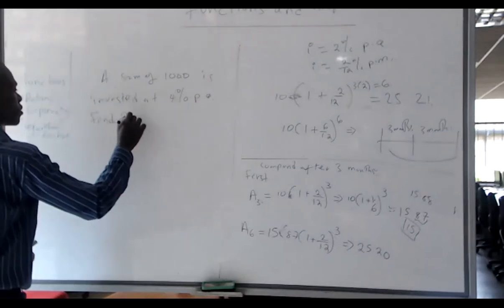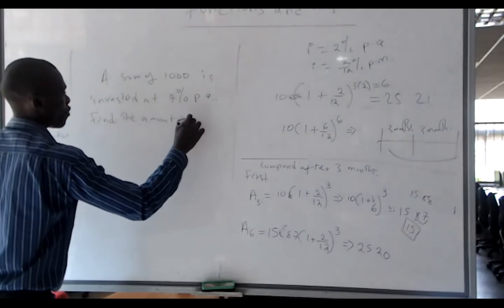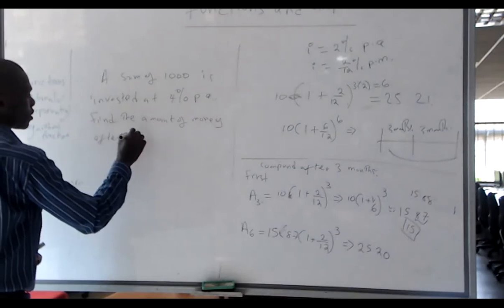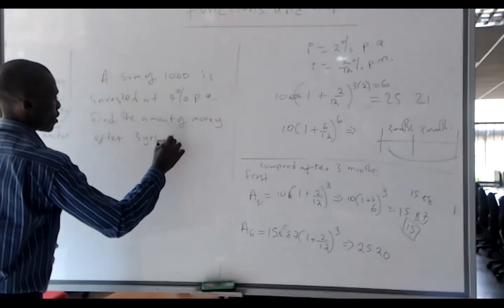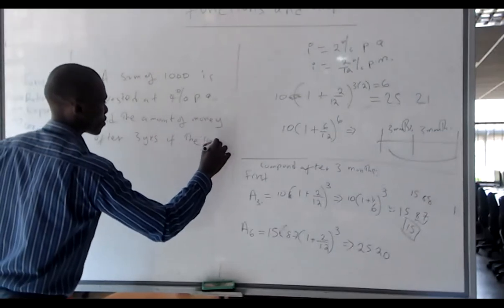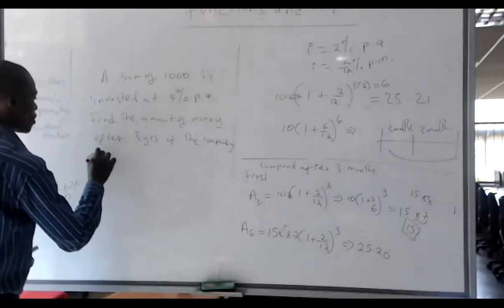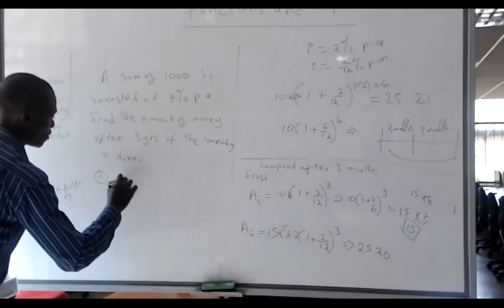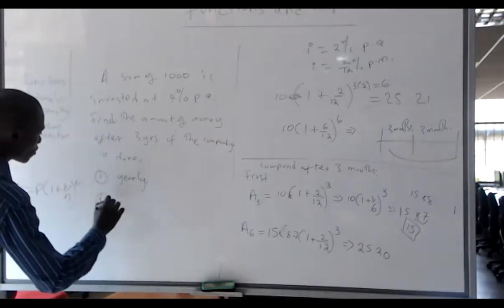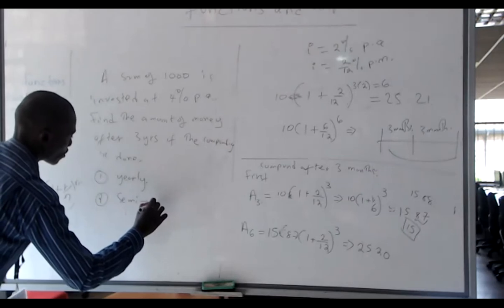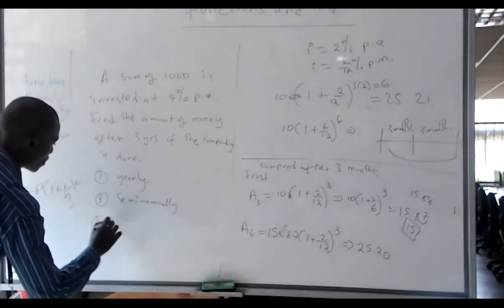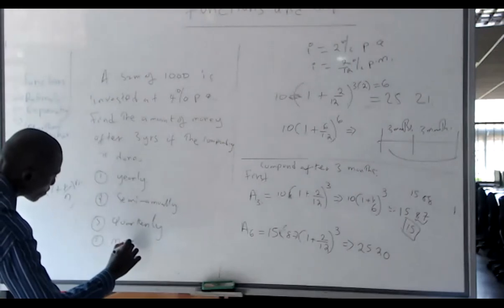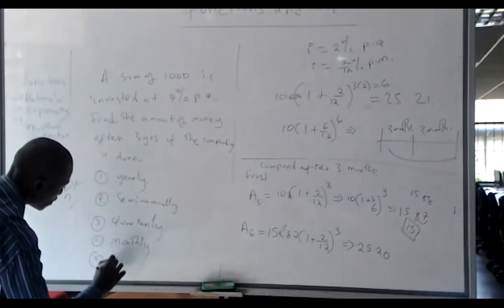Find the amount of money after 3 years if the compounding is done: number 1, yearly; number 2, semi-annually; quarterly; monthly; and lastly, daily.